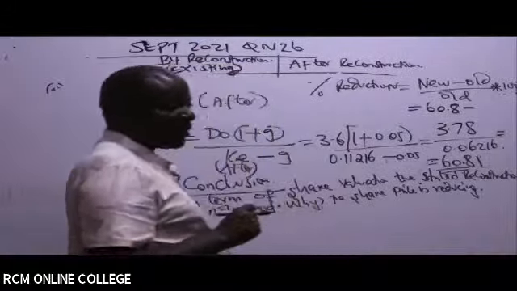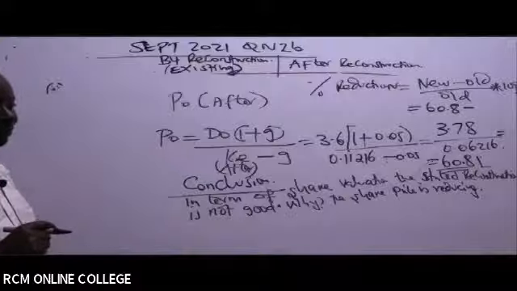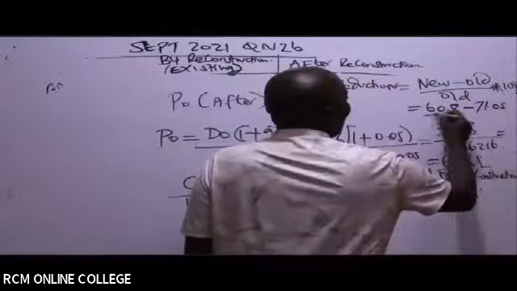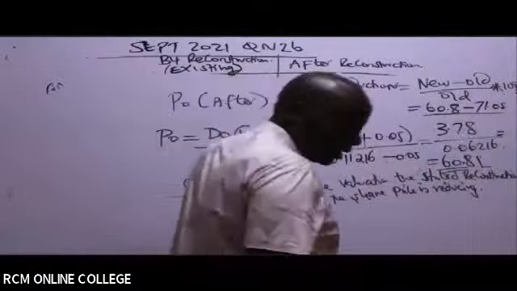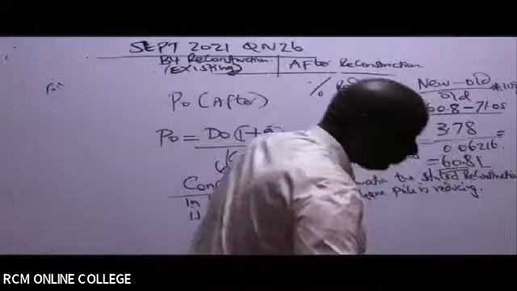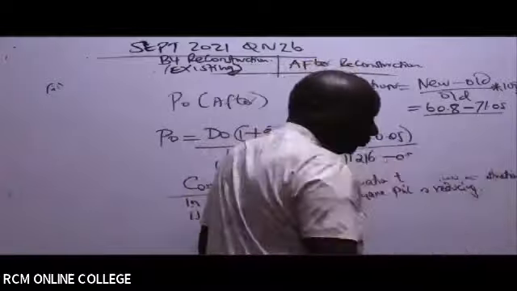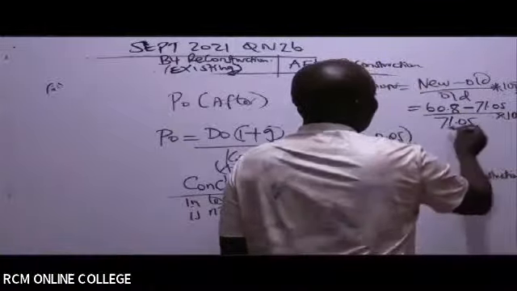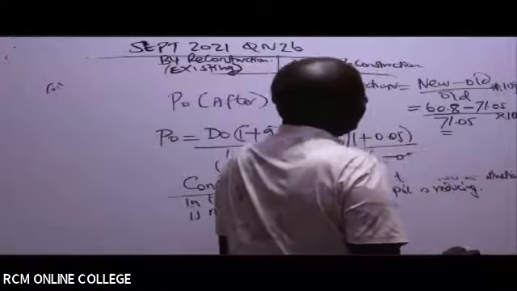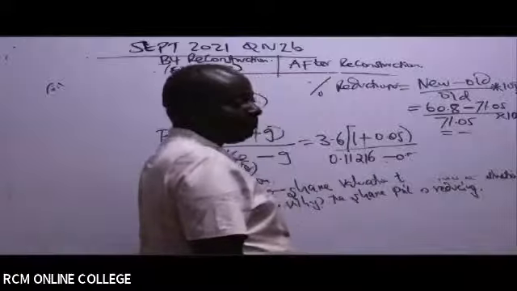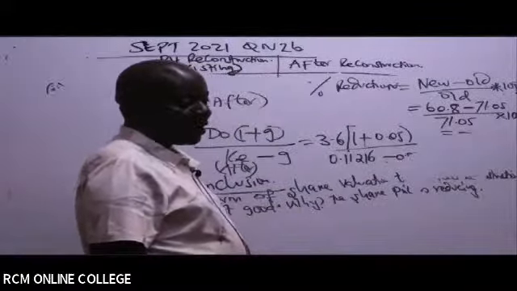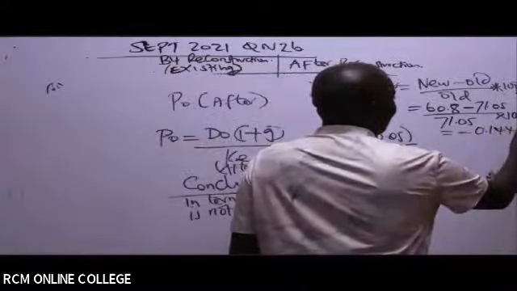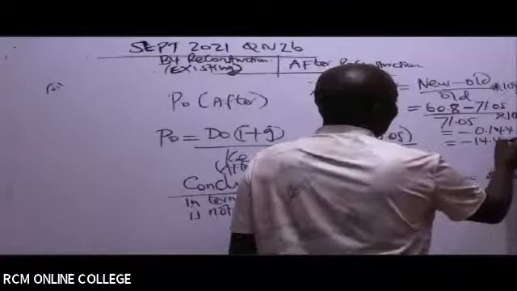Someone who can remind us. 71.05, over the old 71.05, times 100. So I can see minus something. 0.144, which is minus 14.4%.